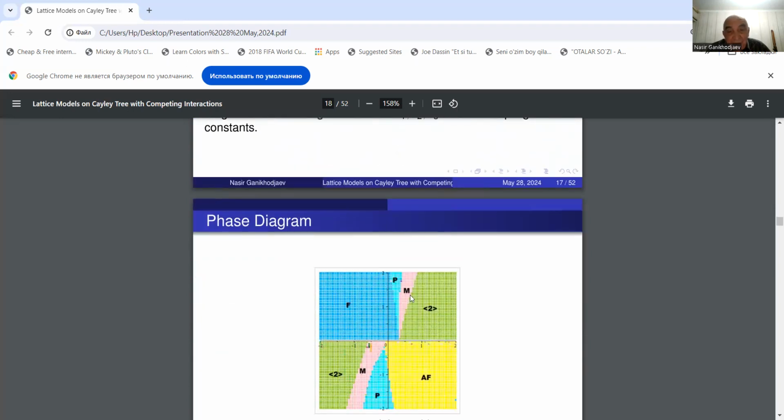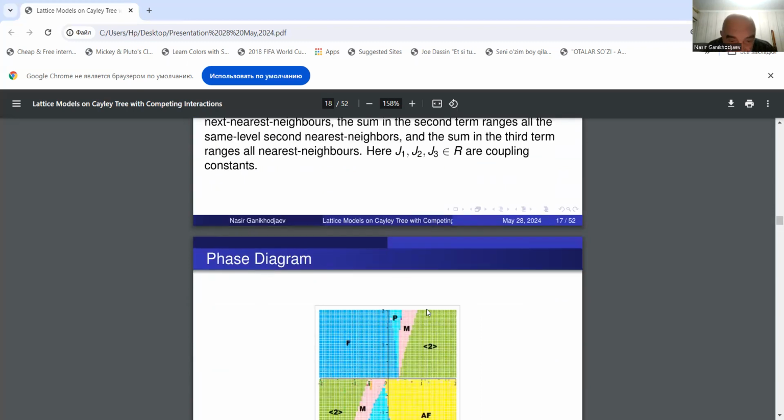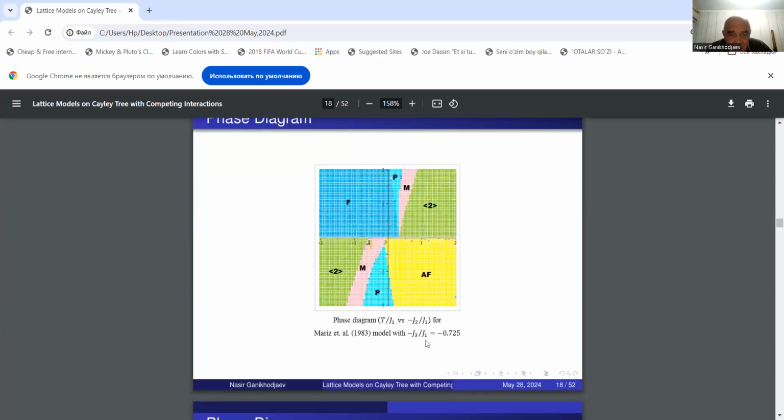So now the phase diagram will depend on, for example, in our case, the ratio G2 to G1, G3 to G1. So maybe here the horizontal axis is minus G2 over G1, and the vertical axis is T over G1.